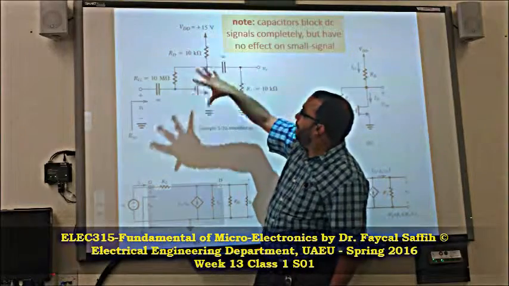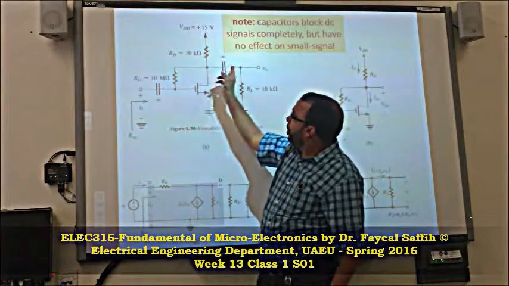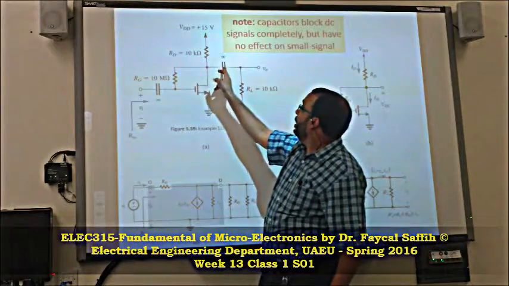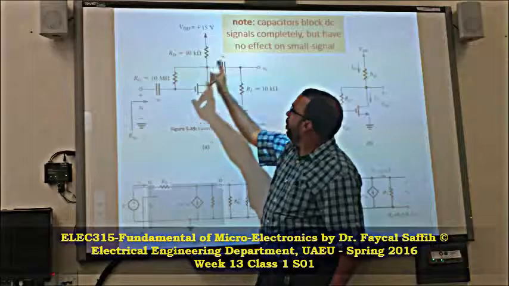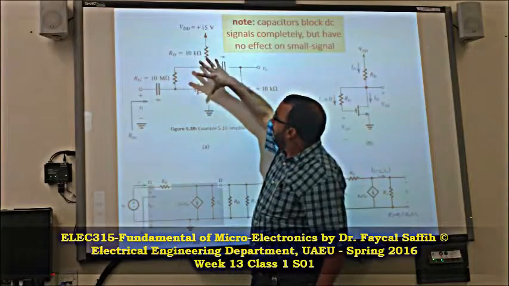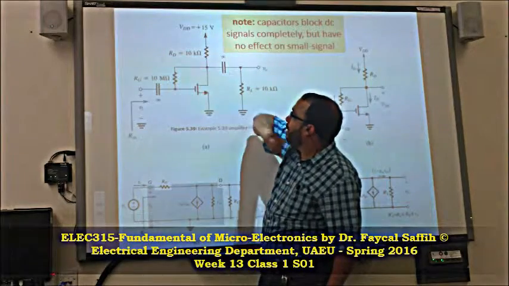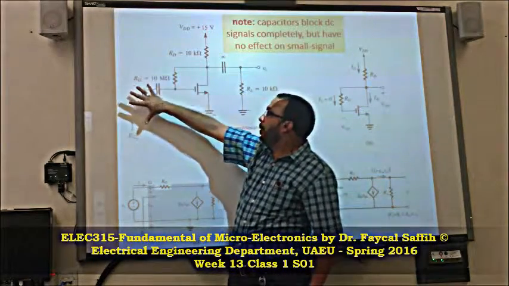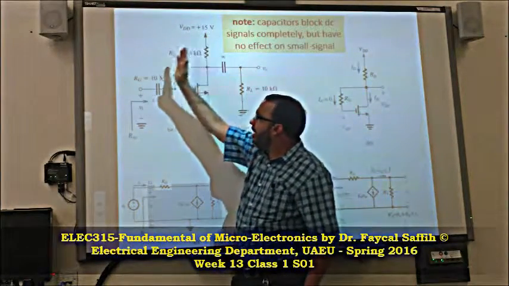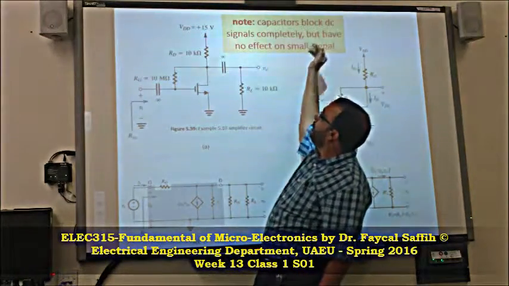But to do that experimentally, in the lab, we need capacitors. What's the role of these capacitors? For example, in this amplifier, we have a capacitor at the input and a capacitor at the output. The role of the capacitor is to keep the DC voltages applied on the transistor, basically to keep the bias point of this amplifier untouched by the input voltage and the output voltage, or to keep the DC bias of the transistor untouched by the previous stage circuit and the output stage circuit.